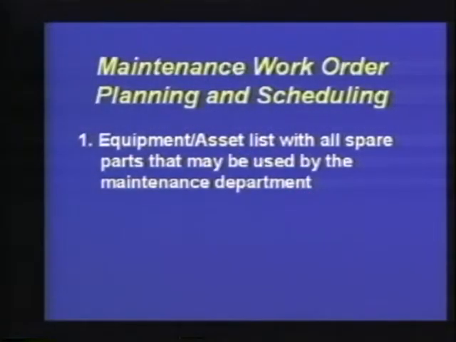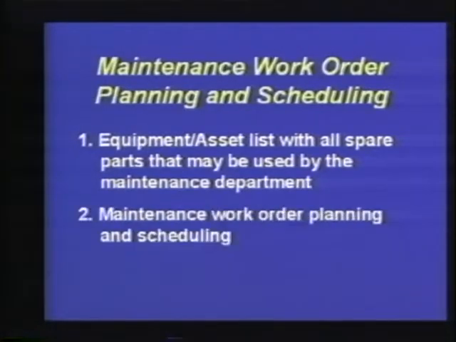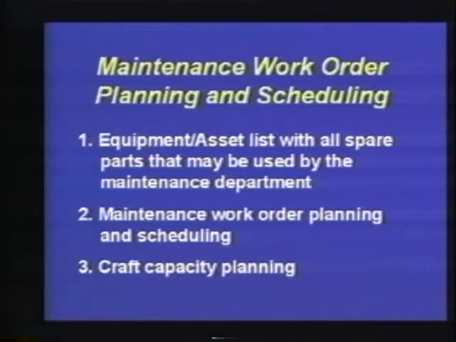Again, we start off with the equipment, the spare parts required, and the type of maintenance activity relative to PM. We plan, and then we ultimately schedule the order. We require craft capacity planning. Don't forget, this is internal.